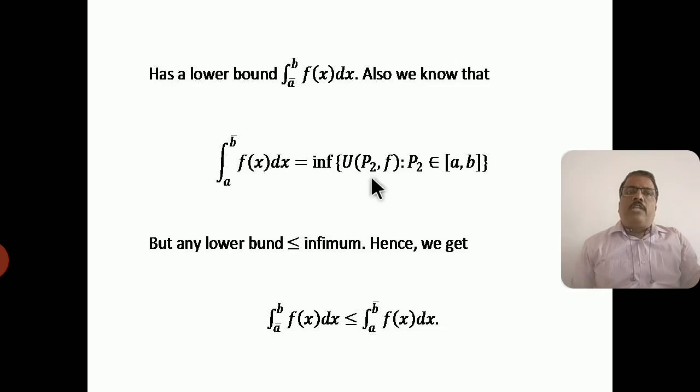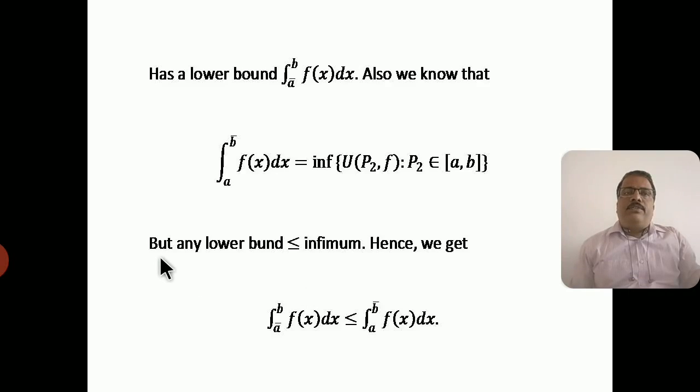And we also know that the integral from a to b bar of f of x dx, the upper Riemann integral, is by definition equal to the infimum of all upper sums, where P2 belongs to the partitions of [a, b].